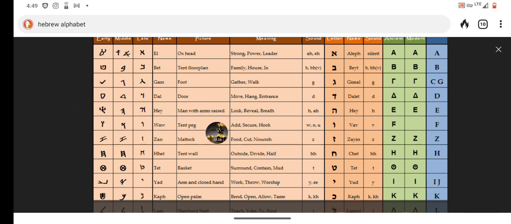Woman with arm raised: look, reveal, revelation, breath. The Ha is the feminine, the Wa is the masculine. Wa: tent peg. Addition, security, hook, connection. We ask, what are you connected to?